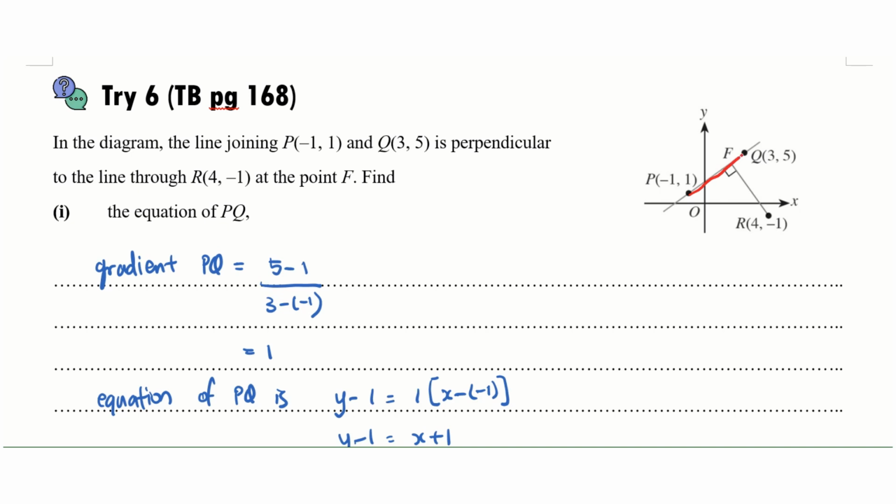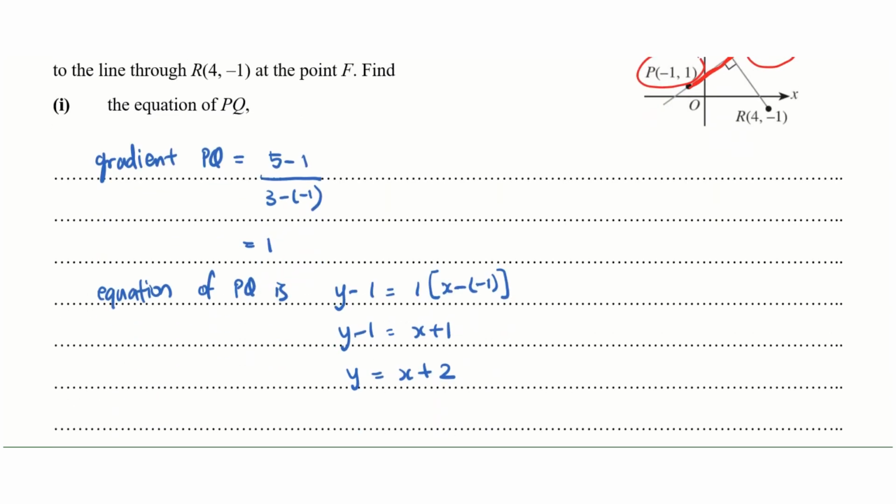To find the equation of PQ, which is this line segment here, we would need to first find the gradient, and then because we already know one of the points, either P or Q, we would be able to find the equation of PQ. To find the gradient of PQ, we use y2 minus y1 over x2 minus x1, and then we find that the gradient is equal to 1.